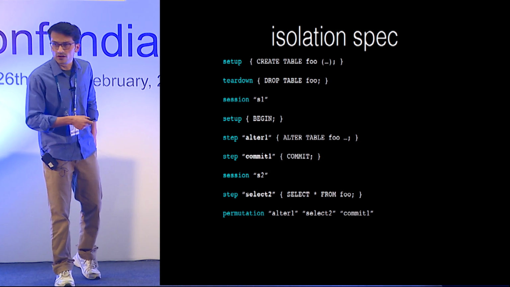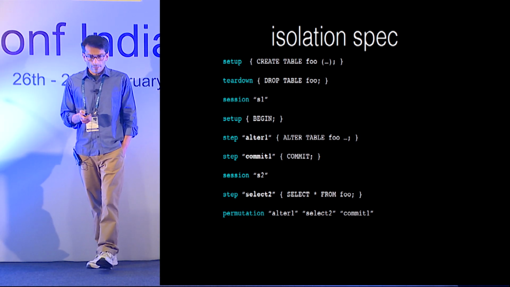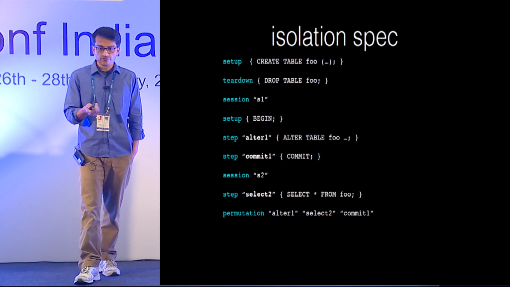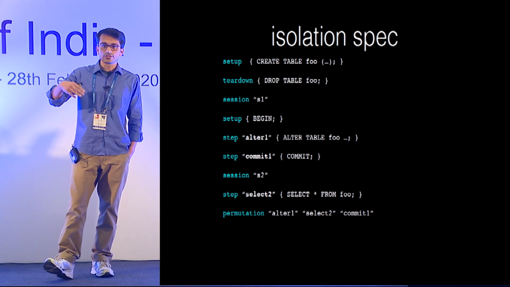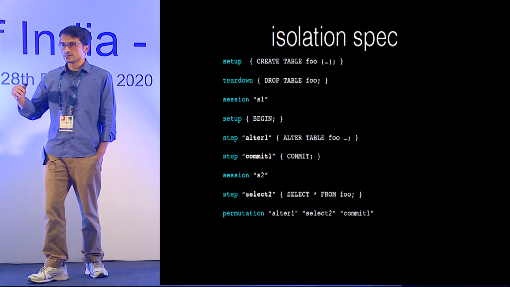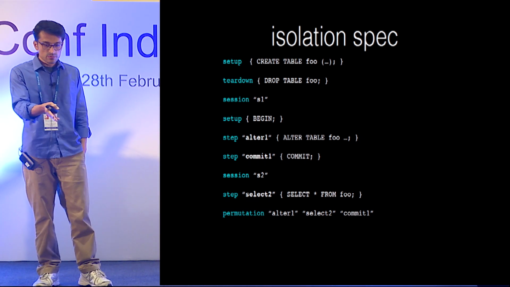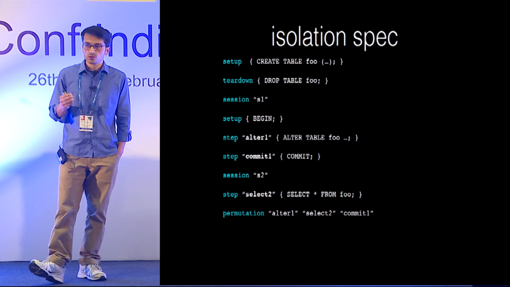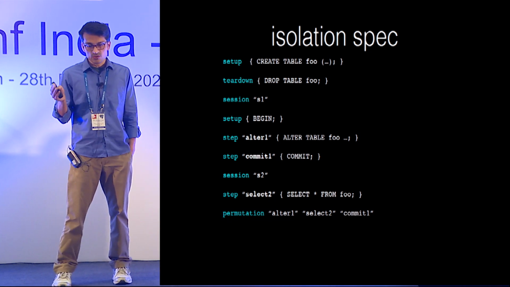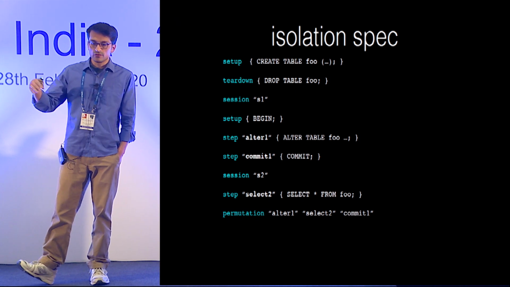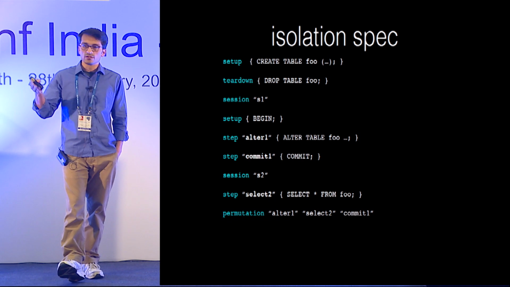Yeah, it's not too small, right? You can read it, hopefully. So yeah, what we are seeing is a very simple isolation spec. We call a test written in this isolation framework a spec file. And this particular spec file contains two sessions, S1 and S2. S1 comprises an alter command, and S2 is simply a select.